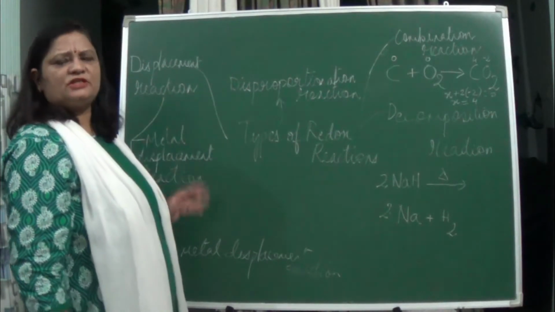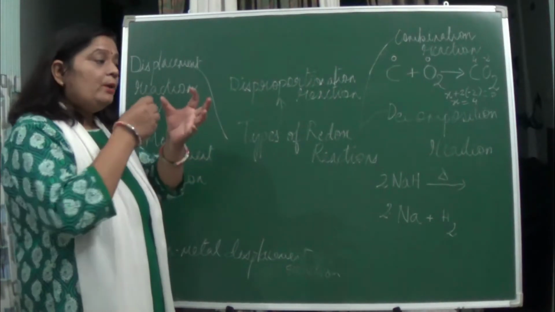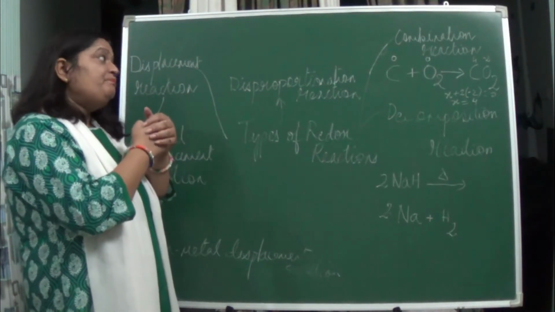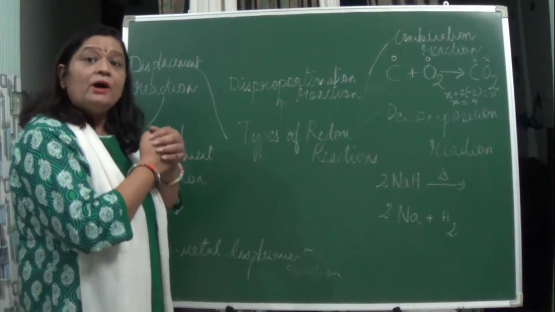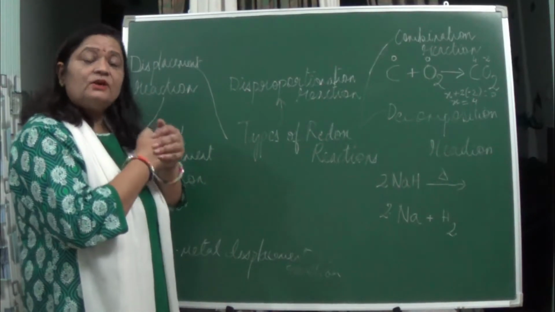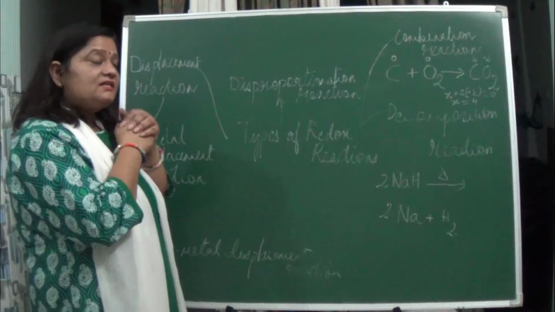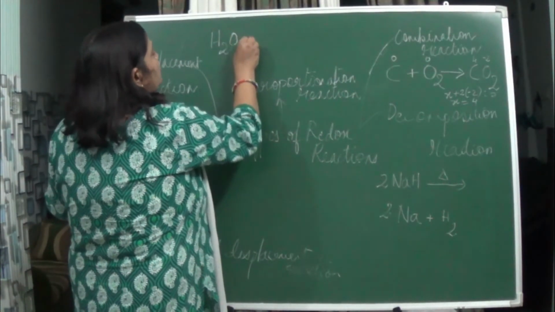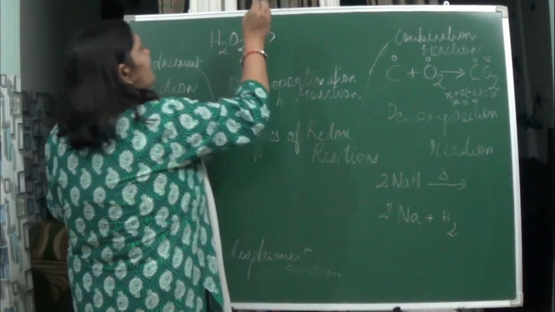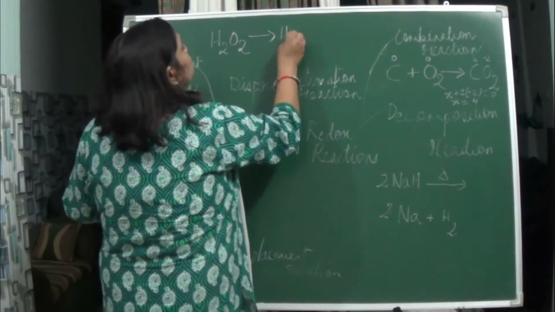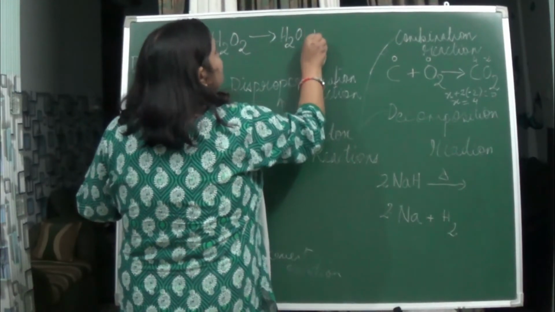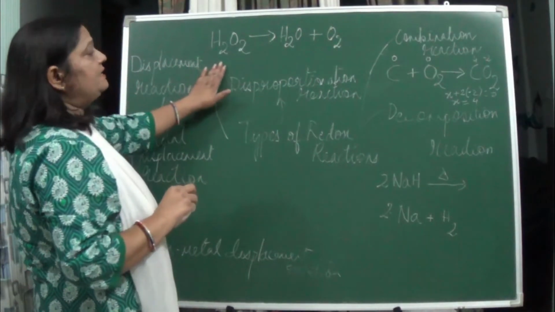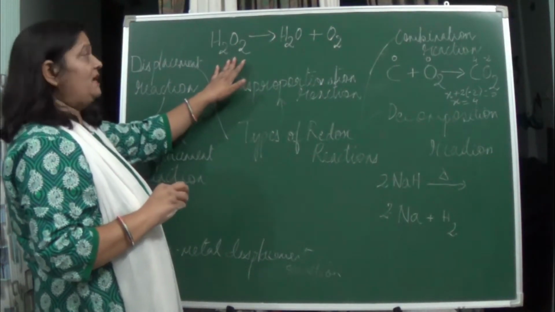In this, the same species or the same element gets oxidized as well as reduced, so it consists of different oxidation states. For example, H2O2 gives H2O plus O2.